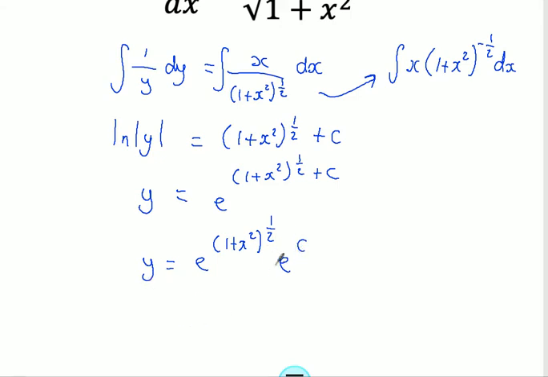So actually I'm going to rewrite this. And we tend to use capital A on a question of this type. So it's capital A lots of this thing. And that's it. That's about as complicated as it gets for this. Okay, so rewriting that constant as capital A.